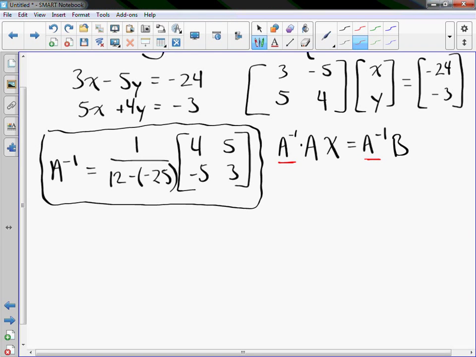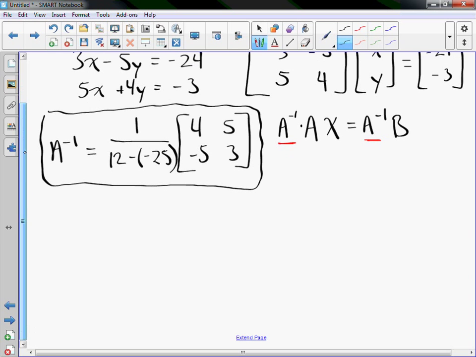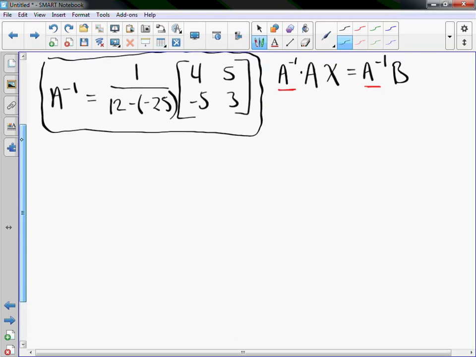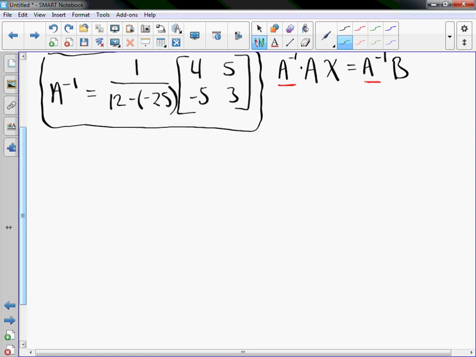As we came up with the instructions before, we need to multiply that inverse on both sides of our matrix equation. Now we're going to simplify this determinant as we do this, but I'm going to write down the inverse matrix. What is 12 plus 25? Is that 37?